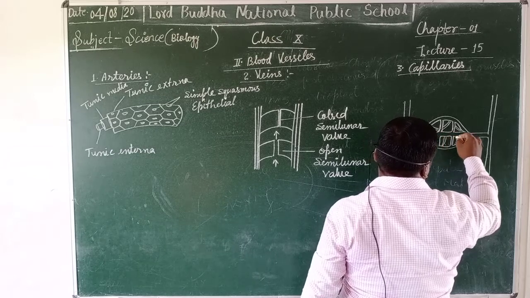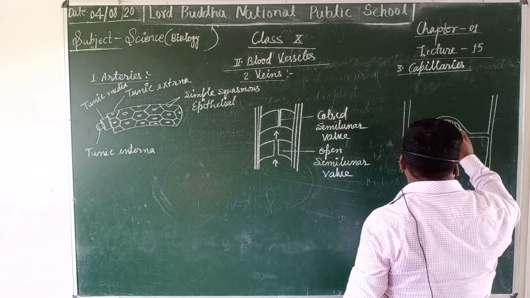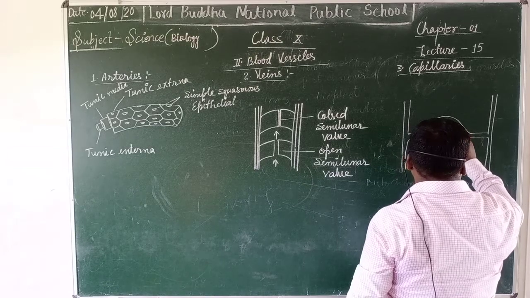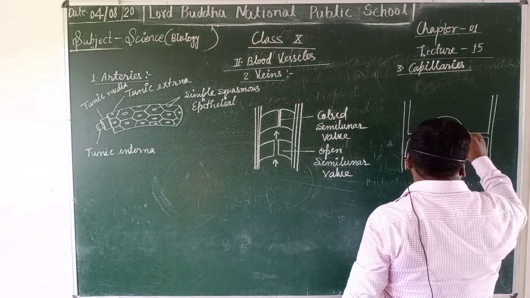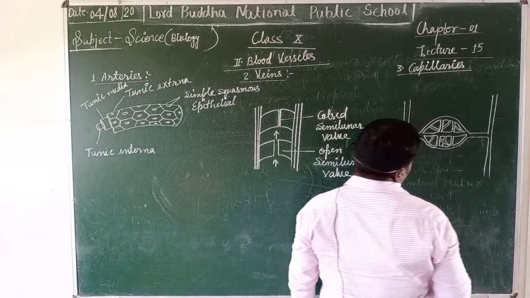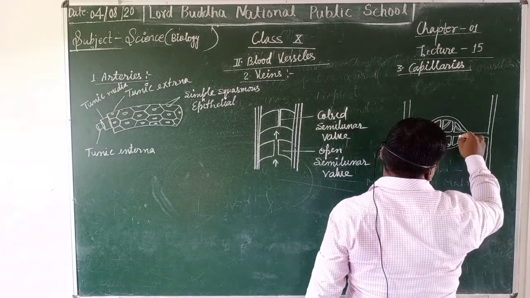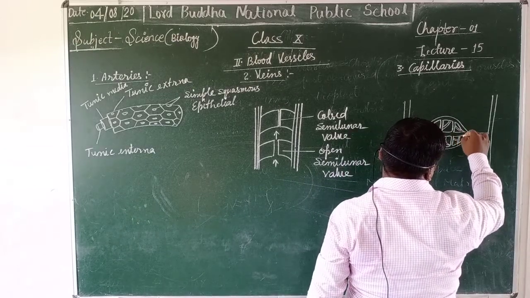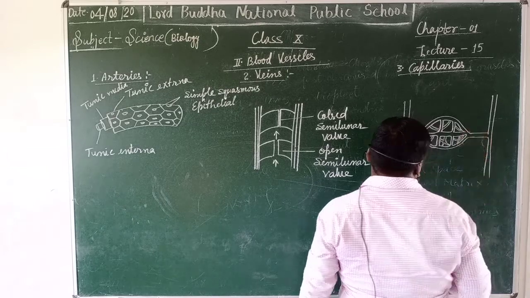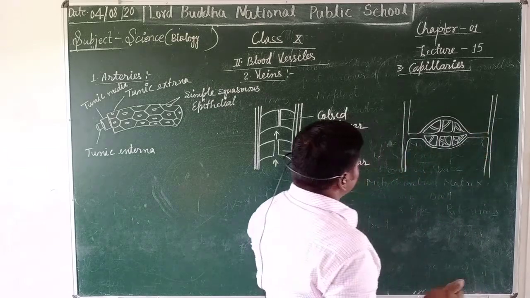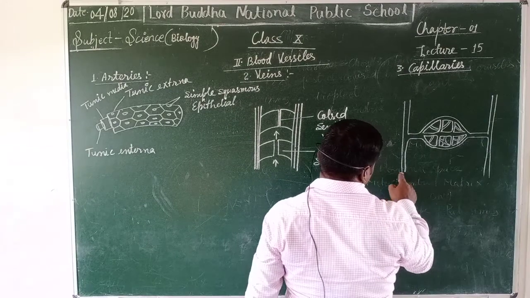That's why the capillaries are regarded as the link between arteries and veins, because they are only found inside the internal organs where the arteries and veins are absent.